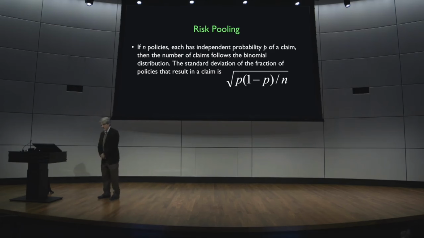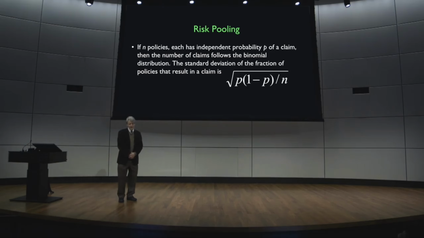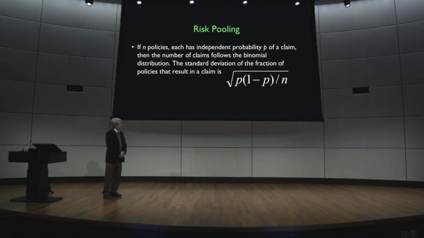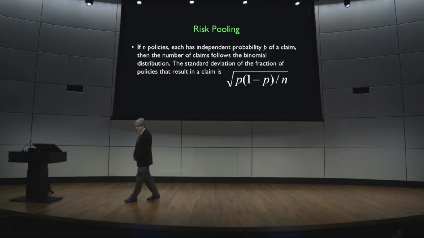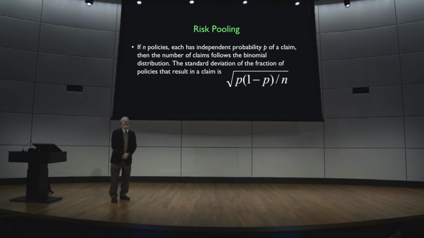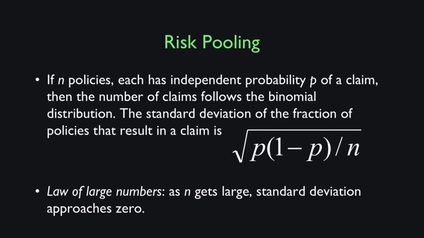Now, there's a little mathematical formula for risk pooling, which is assuming independence. Let's say it's a life insurance, if every death is independent of the other, there's no epidemics or wars that bring a lot of deaths all at once, then the risk that you face if you're writing N policies, each against one life, the standard deviation is given by the square root of p times 1 minus p, where p is the probability of death, divided by n, and the square root of that.